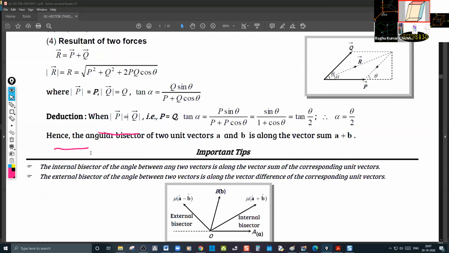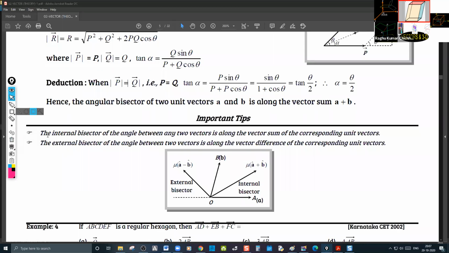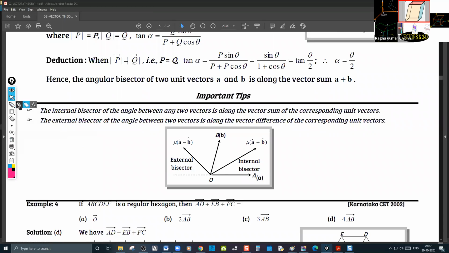Now, this is the most important one. The next one is the internal angular bisectors. What does it mean by internal angular bisector and external angular bisector? Just check it out. If you have a vector here, A bar, and this is another vector, B bar.